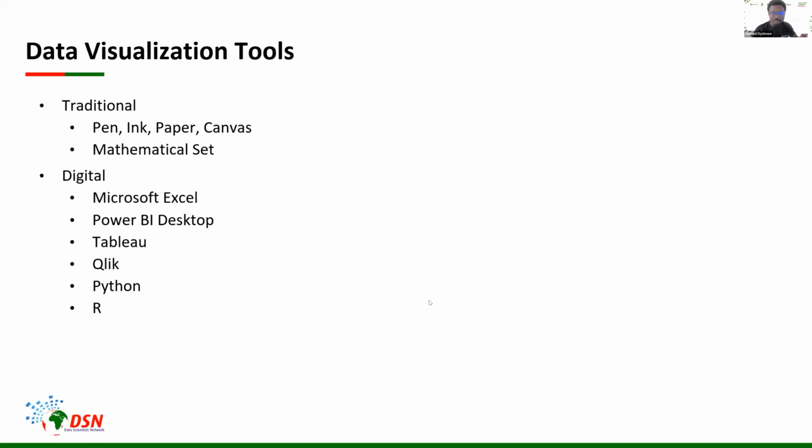In case you didn't know that name before, Mr. Microsoft Nigeria, that's the name. Olanrewaju Oyinbo. So he presented on Microsoft Fabric, and I believe that Power BI Desktop is part of the family of Microsoft Fabric as well. Then there is Tableau, there is Qlik, there is Python if you want to write the codes, and there is also R as well. So these are different digital technologies that we can use for carrying out data visualization.